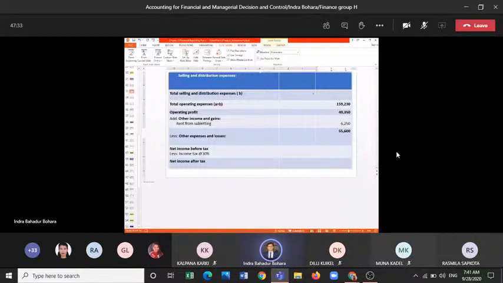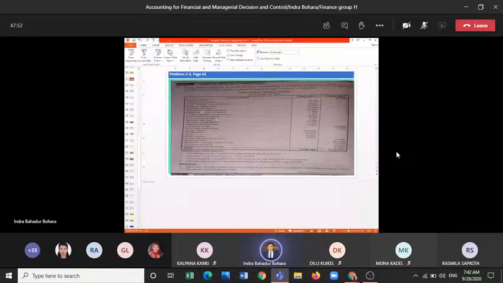Now you deduct other expenses and losses, which include two expenses: loss on sale of plant and interest expense.